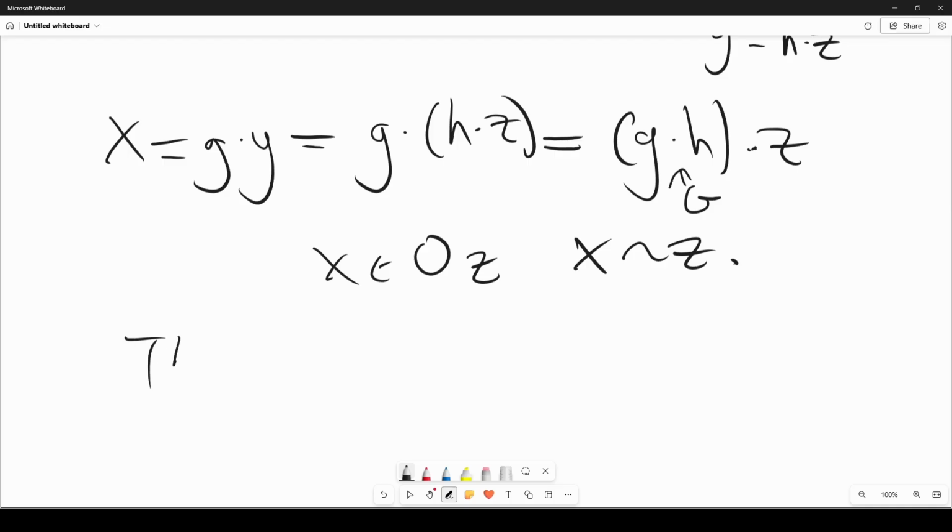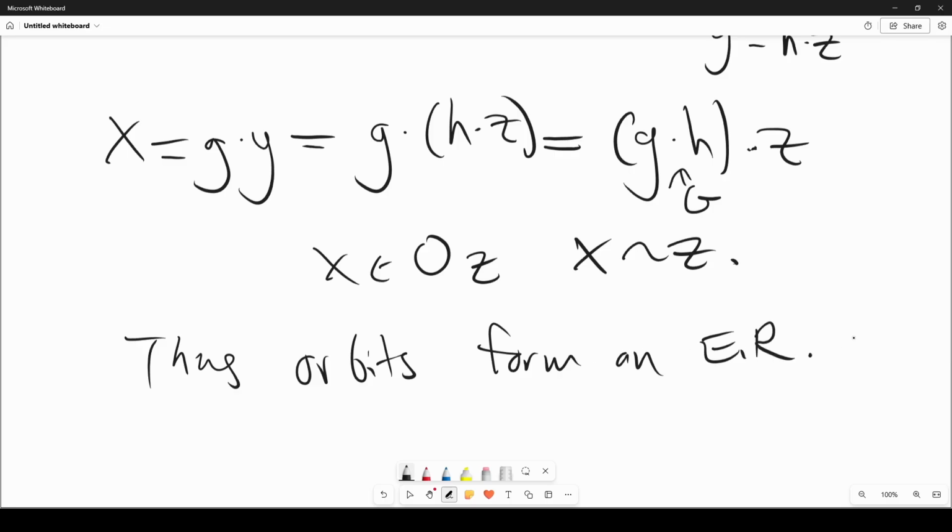Thus, orbits form an equivalence relation, as desired. And of course, you should just note that in this equivalence relation, the equivalence class of X is just the orbit of X.